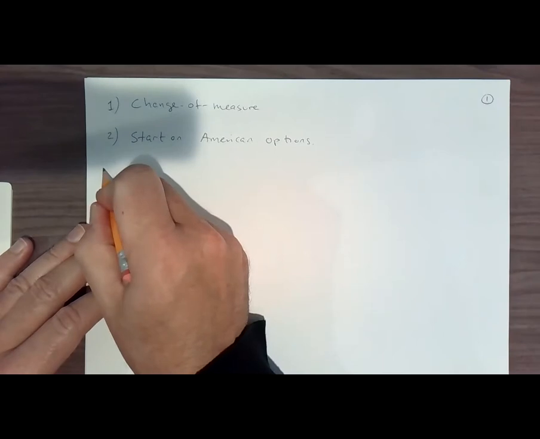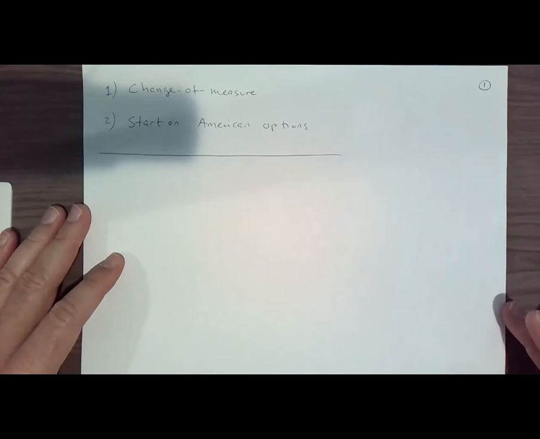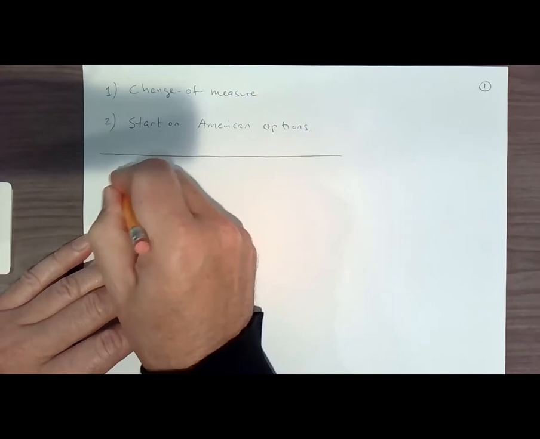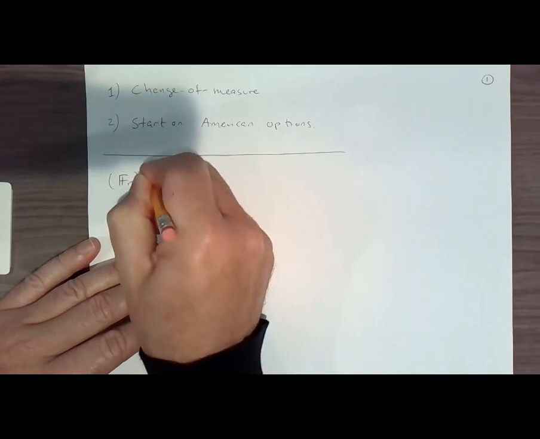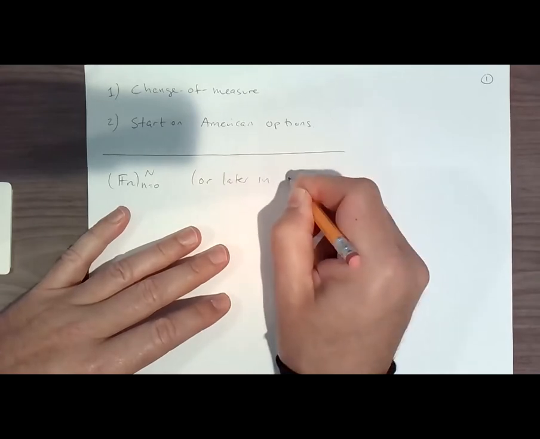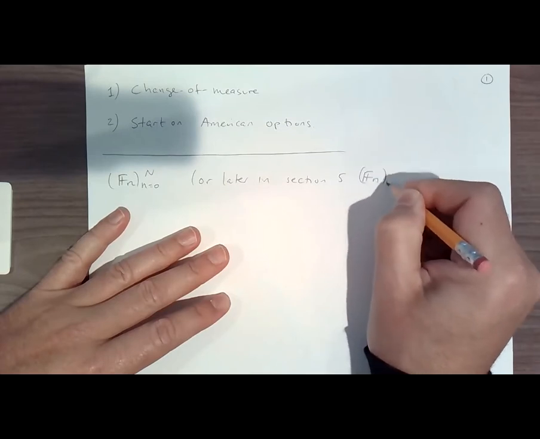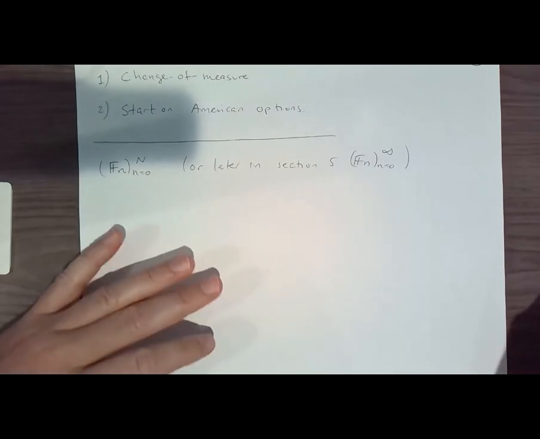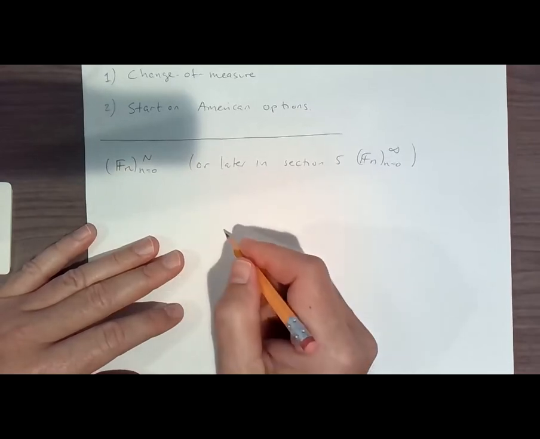Okay, so let's just recall some of the things that we've been using. We've gotten familiar with Fn. This is a sequence, typically up to n, or later in section 5, we will actually have Fn going from 0 all the way up to infinity, not including infinity. So this is a string of sigma algebras.